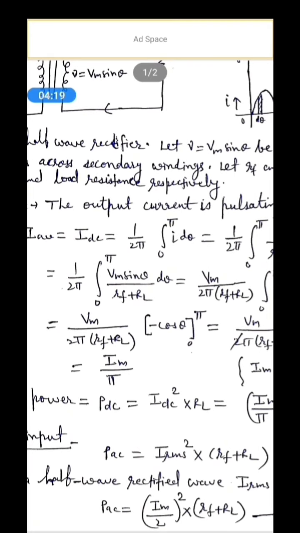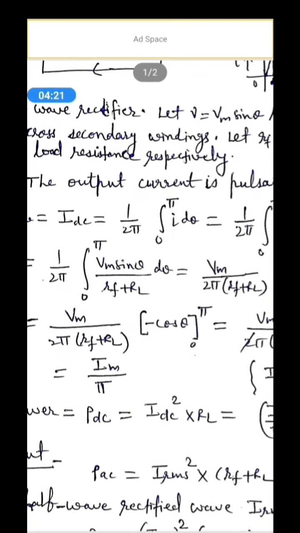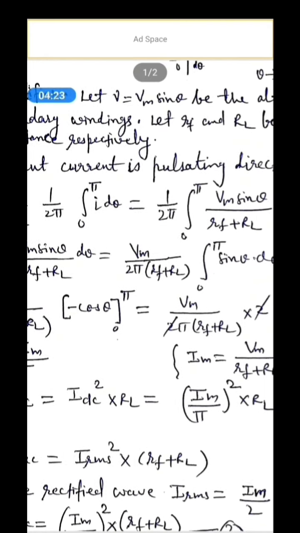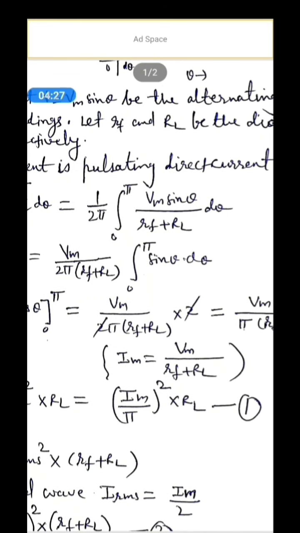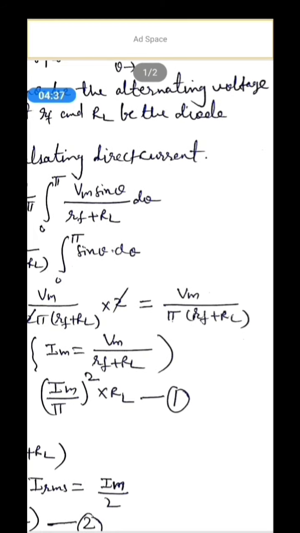After integration we get IDC equal to Vm upon 2 pi into RF plus capital RL, into 2, and finally Vm upon pi into RF plus capital RL.